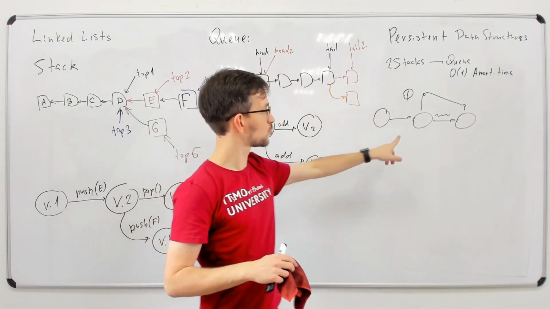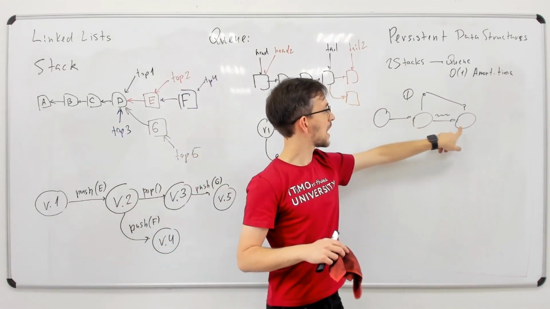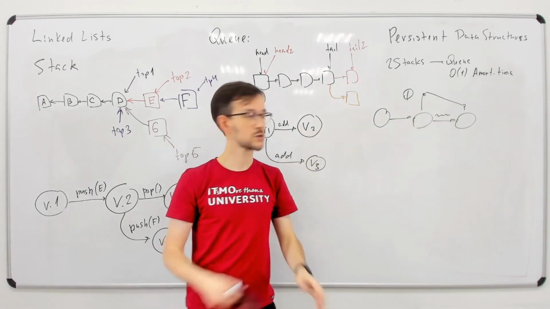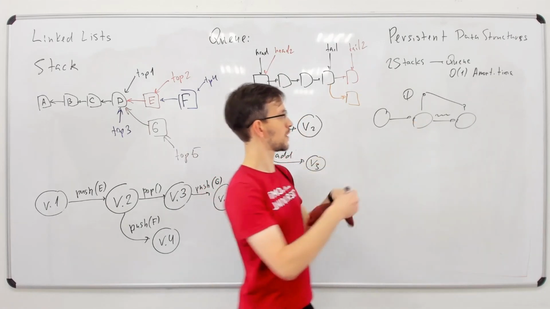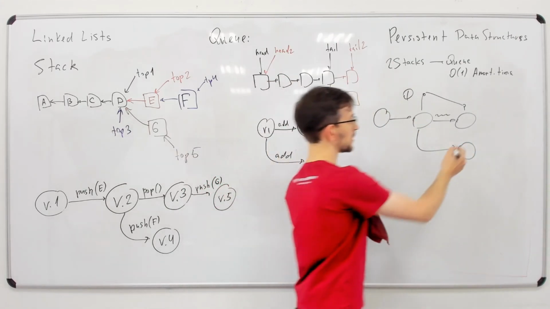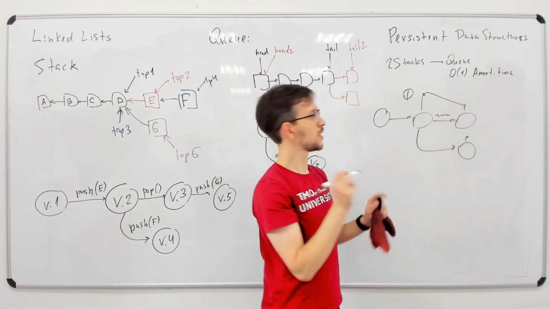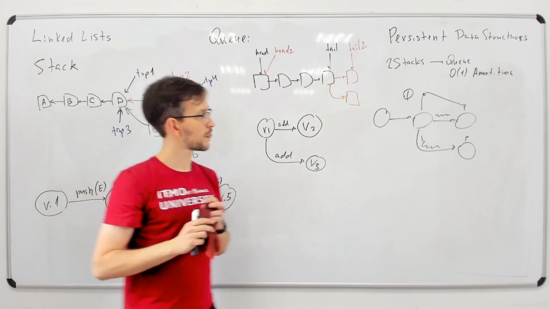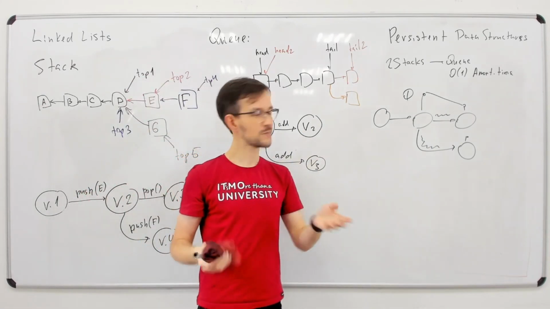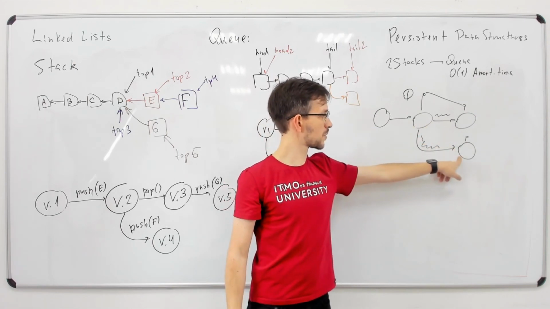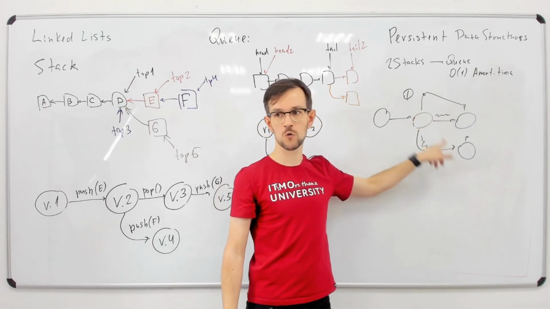So what will happen when you have a persistent data structure? You may want to make this long operation and then go back to this version and make another long operation. The potential function here is also small, so this operation is also long. And you can do it many times: go back, make another long operation, go back, and so on.